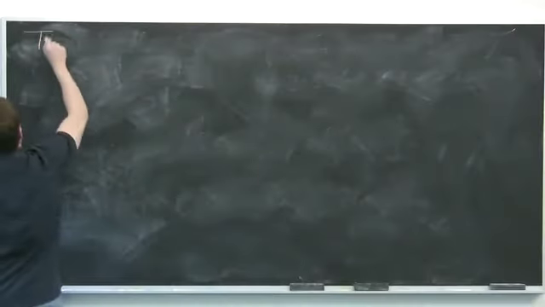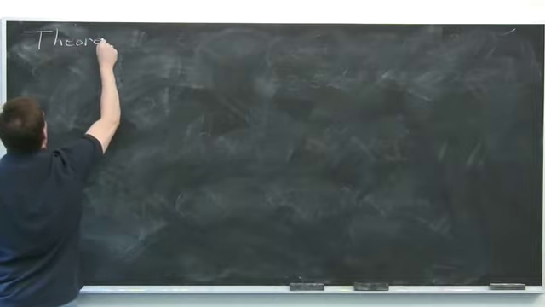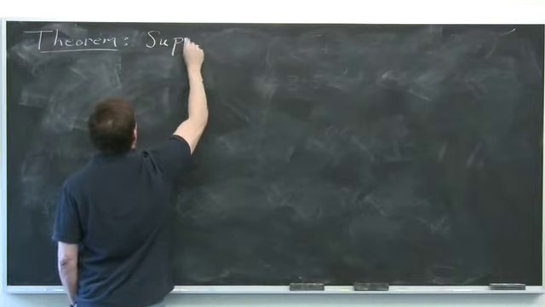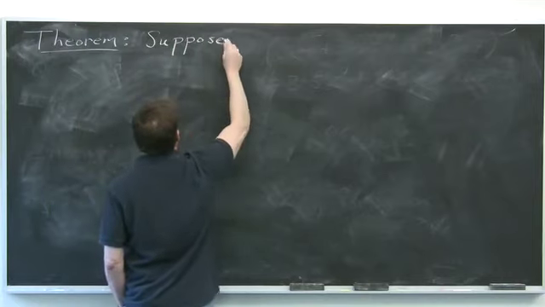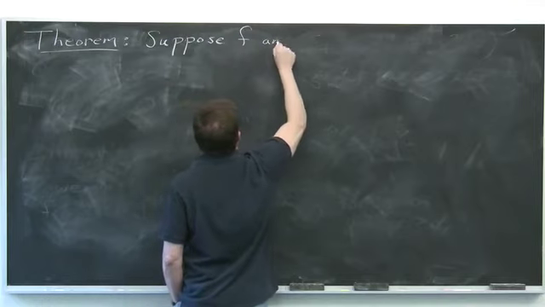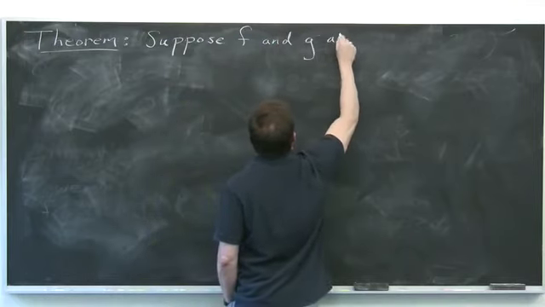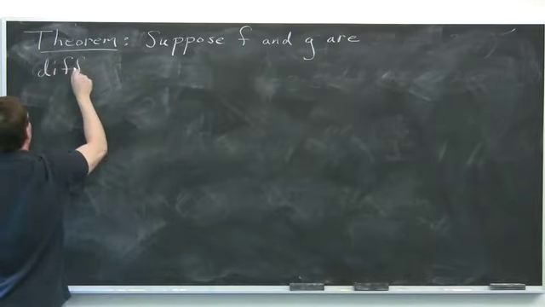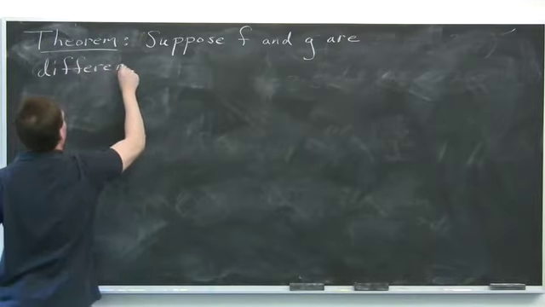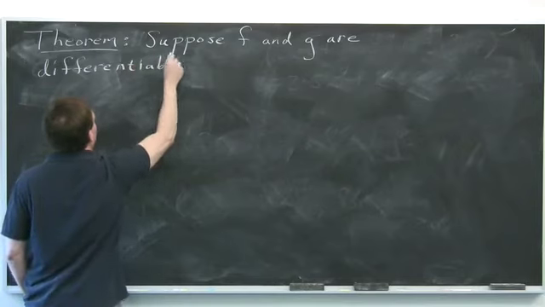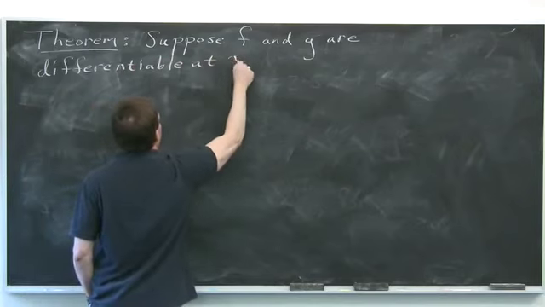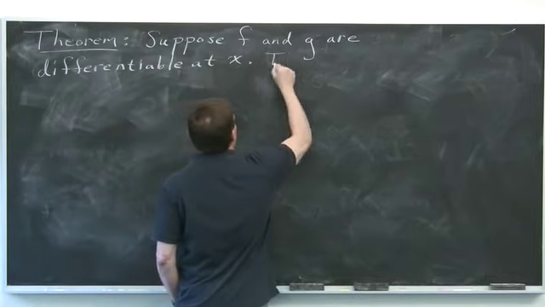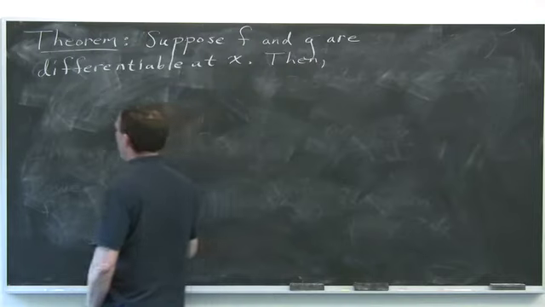So theorem. Suppose f and g are both differentiable at x, so their derivatives exist. Then we have the product rule.